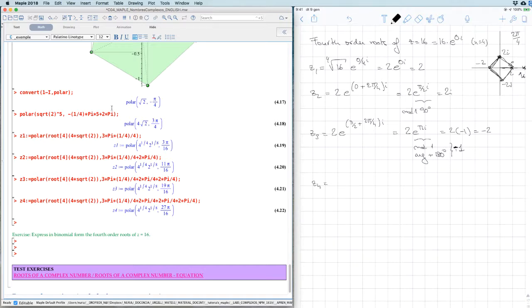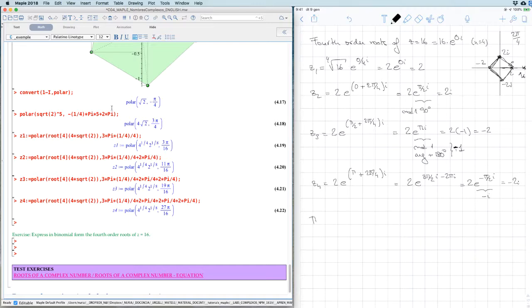And z4 is going to be 2 e to the power of the previous one, pi over 2, plus 2 pi over 4 i, which is going to be e to the power 3 pi over 2. We can subtract 2 pi, so we get minus pi over 2 i. So this is minus i, so this is minus 2i.